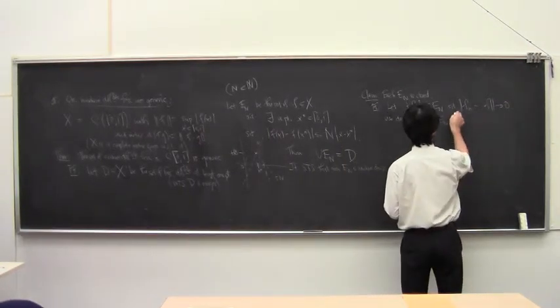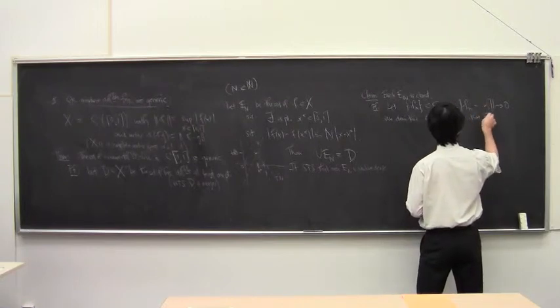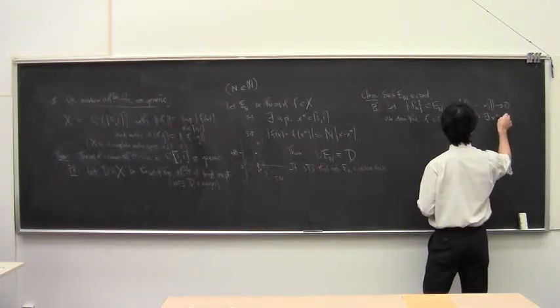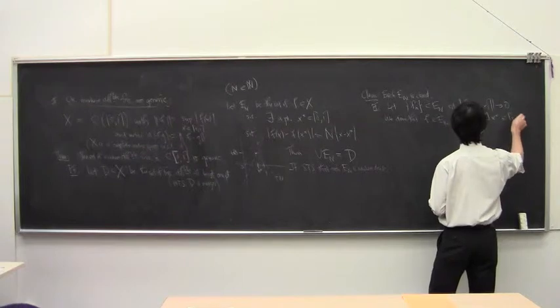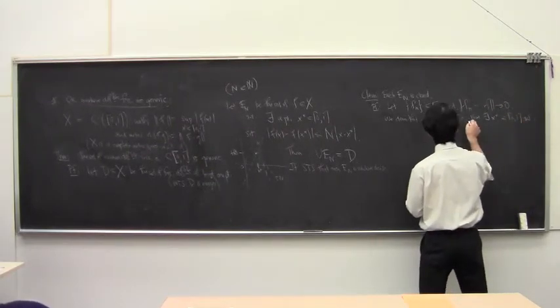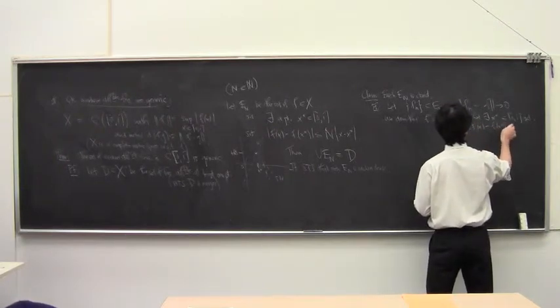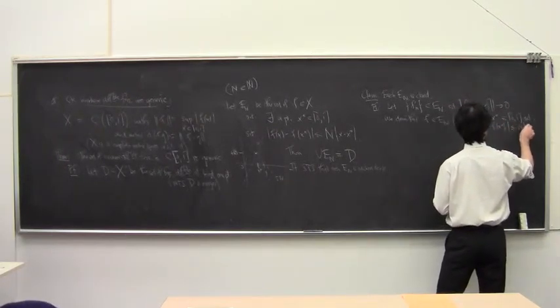That is, we want to show that there exists some x star in [0, 1] such that |f(x) - f(x star)| is controlled by n|x - x star|.